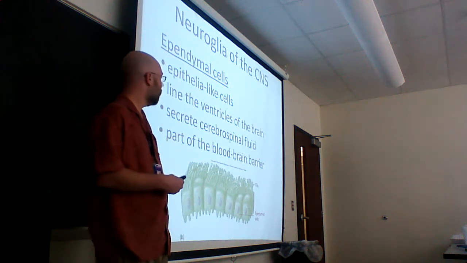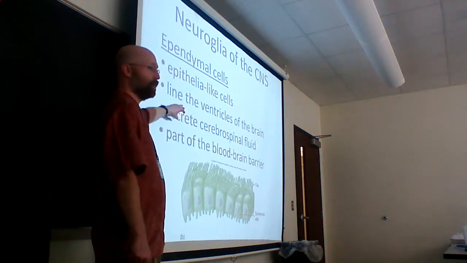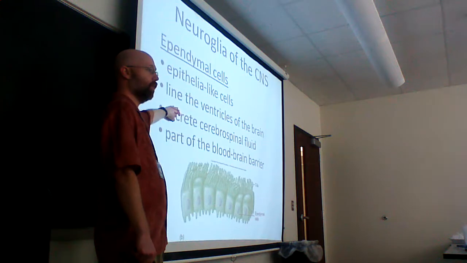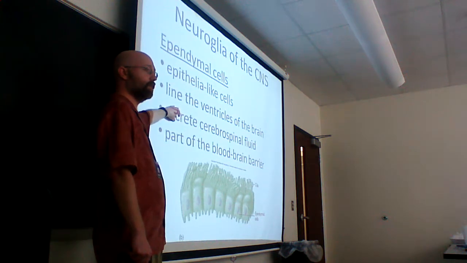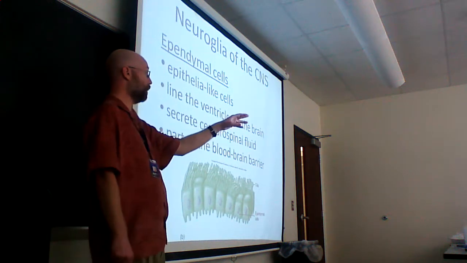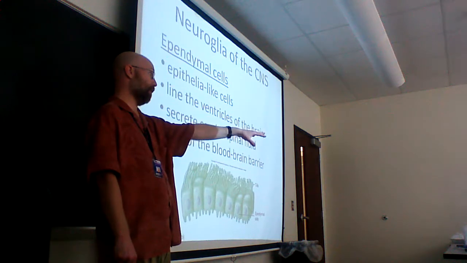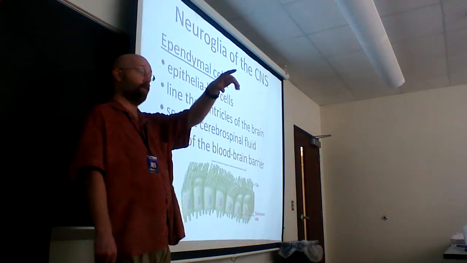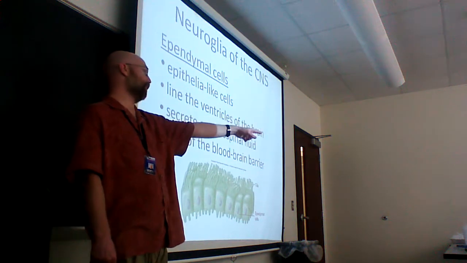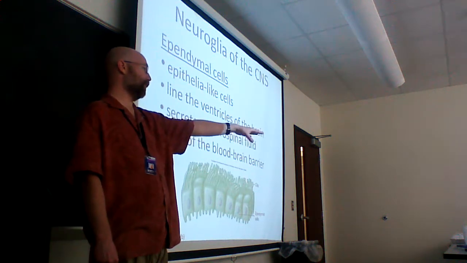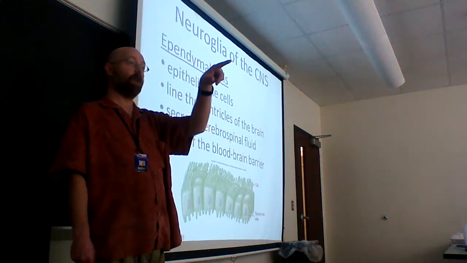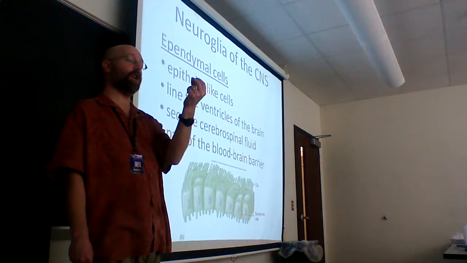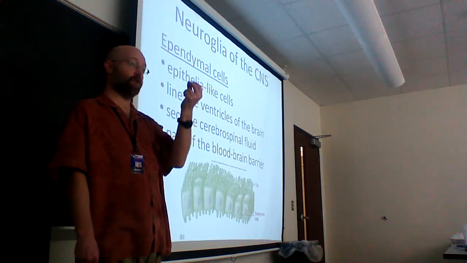Where have we talked about cerebrospinal fluid in the lab? Where do you find it? Well, that's correct though. We haven't gotten there. Well, you've gotten there because you're a lab ahead of the rest of these people. But yes, you see it in the central canal of the spine.